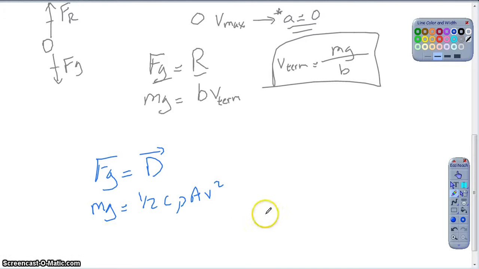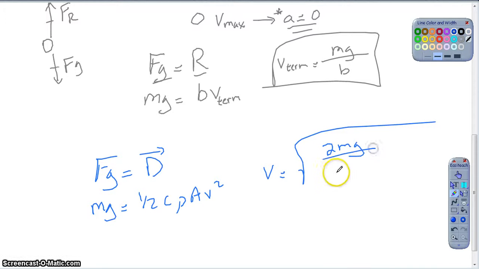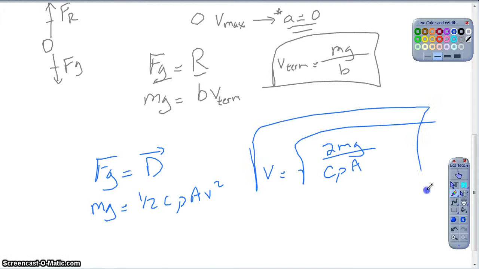A little bit more work to solve and isolate for v, but other than that, nothing too crazy. So v equals the square root of, I would multiply both sides by 2, so 2mg, all divided by c rho and the cross-sectional area. So depending on the context, either of these could represent the terminal velocity.